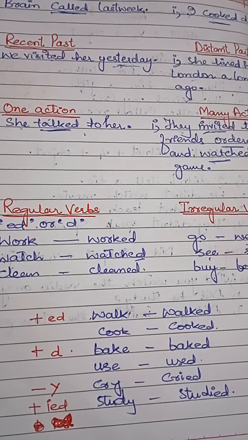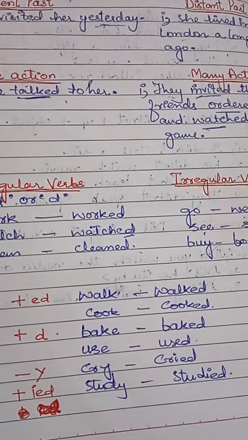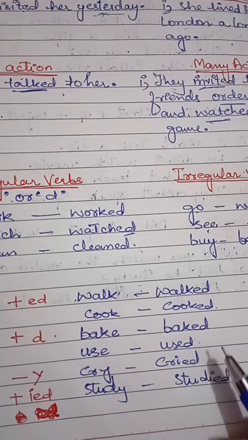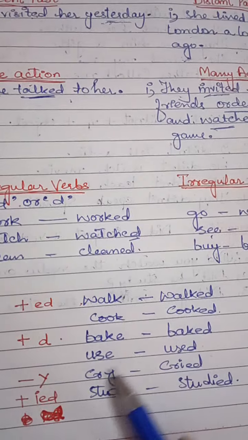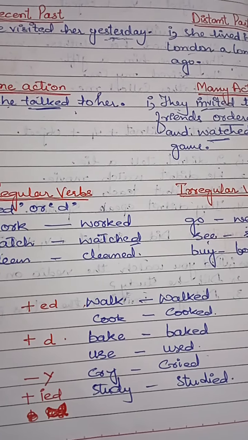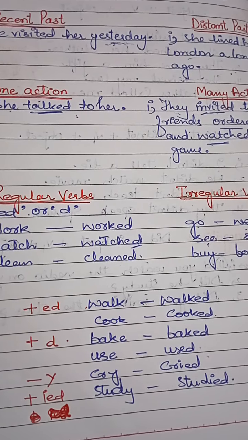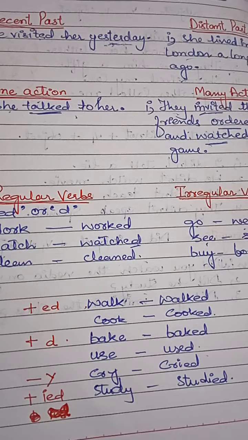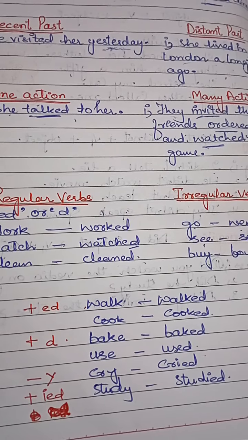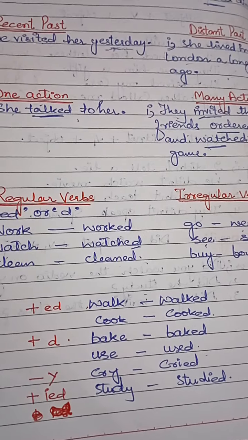Sometimes the base form of the verb ends with an e already, then you don't need to add e, you just add d, so bake becomes baked.